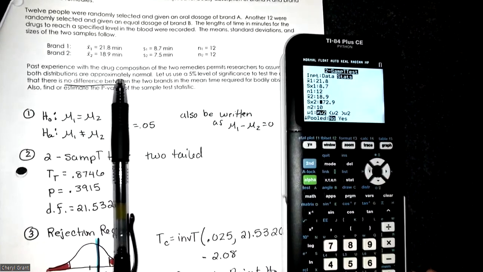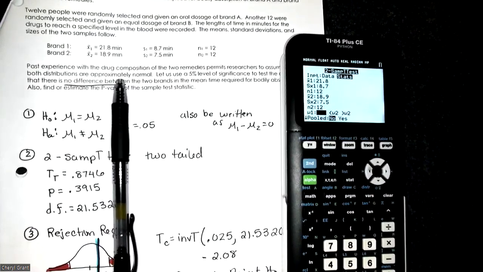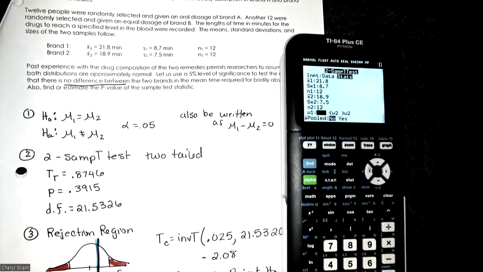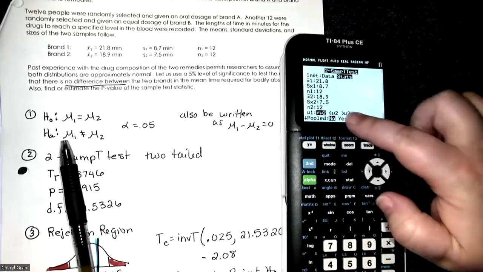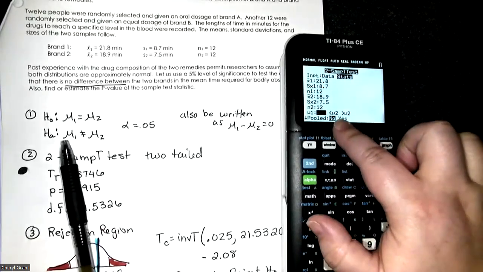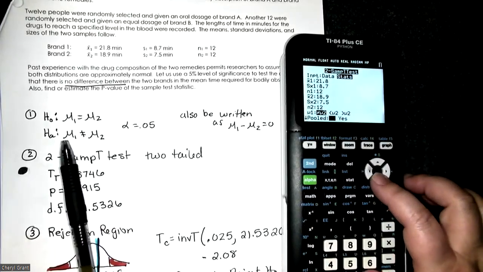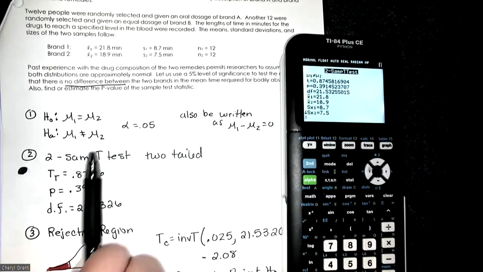And then Sx2, that's the sample standard deviation from the second sample, so that's 7.5. And then the size of the second sample is 12. And since it's asking us to check to see if there's any difference at all, we're doing two-tailed, okay? So I'm gonna choose the not equal sign here for a two-tailed test. And as usual, we're always gonna use no for pooled in this class. Then I'm gonna hit calculate.